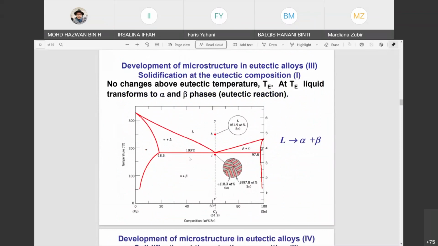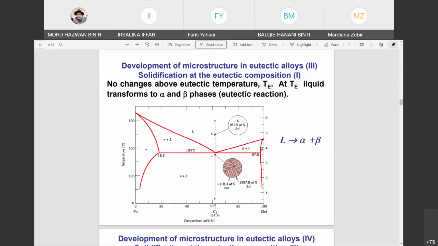We haven't discussed from 18.3 until 61.9. We haven't discussed this range yet, but for this range, the microstructure that we are going to discuss is at the composition of eutectic, which is at 61.9. So what would be the microstructure? The possible microstructure that you can see is at point H and also point I.